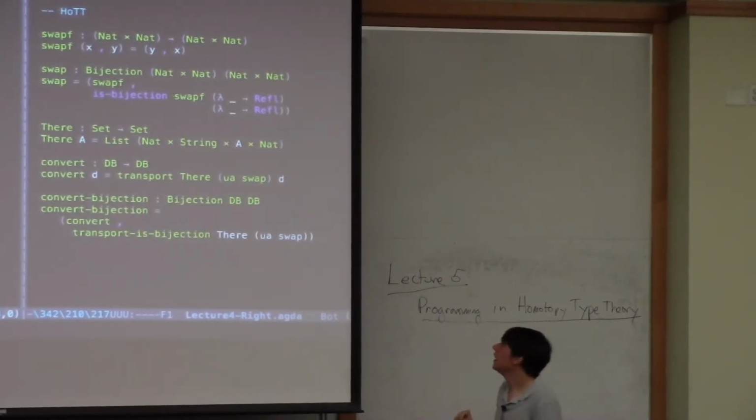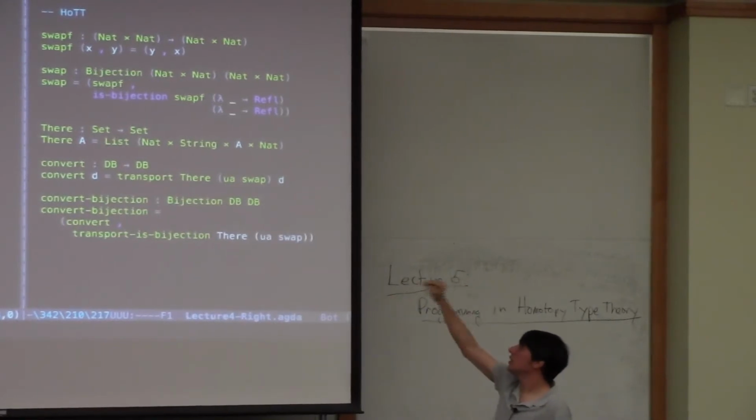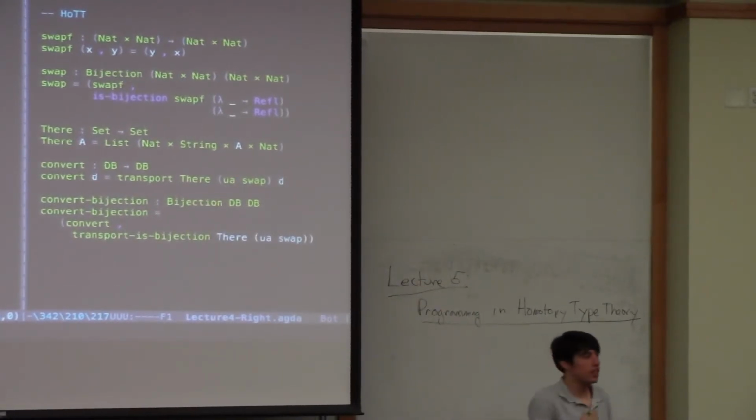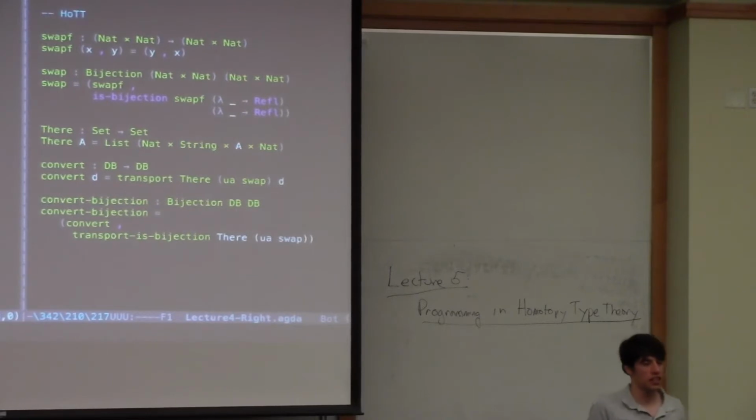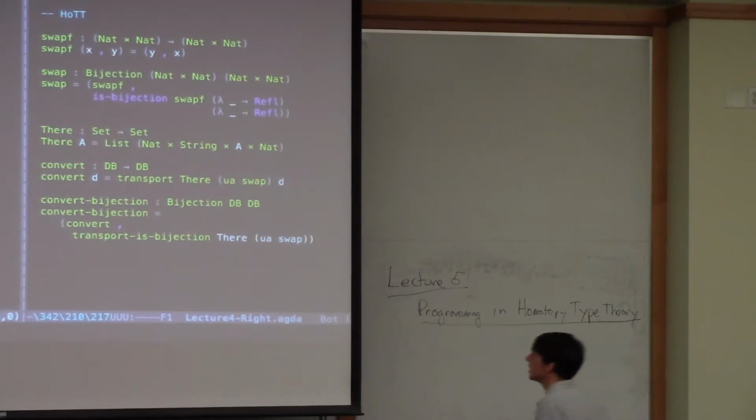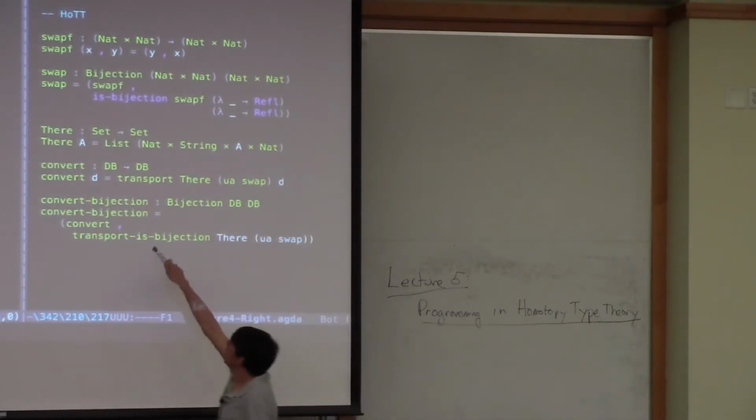Okay. And then we define there, which is just a regular old Set arrow Set function, right? It's just the function that, given any set, computes the set list of nat cross string cross A cross nat. And then the rest of the code is basically the same in the sense that convert is defined to say transport there (UA of swap).